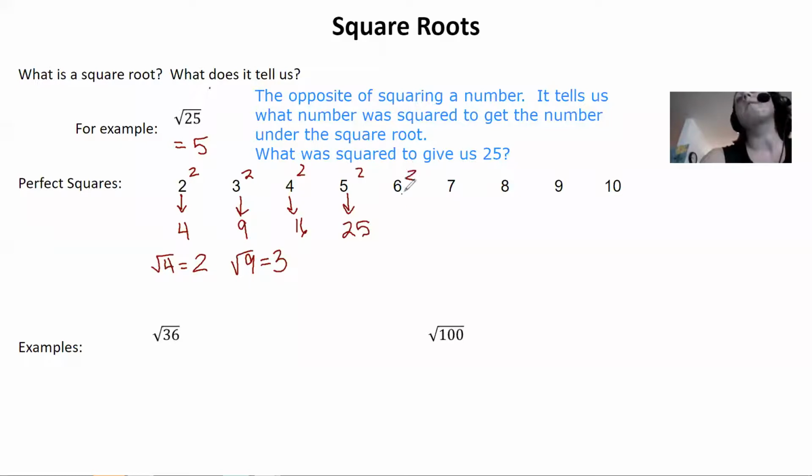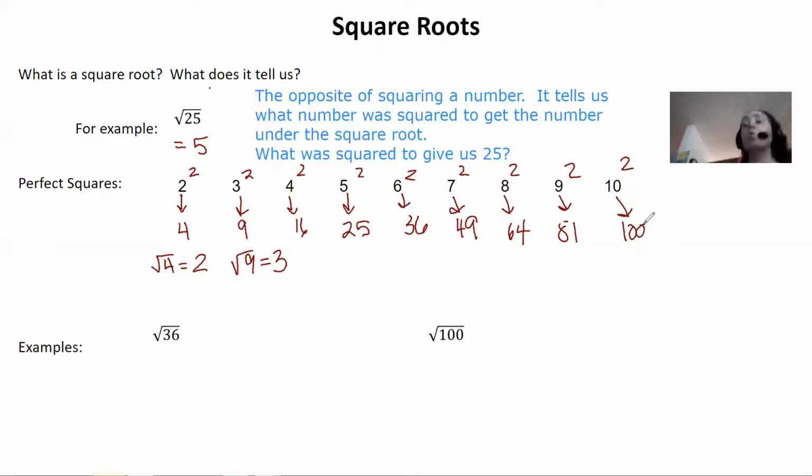5 squared, we know now, is 25. 6 squared is 36. 7 squared is 49. 8 squared is 64. 9 squared is 81. And 10 squared is 100. So square rooting any of these would get us back to the number that was squared.